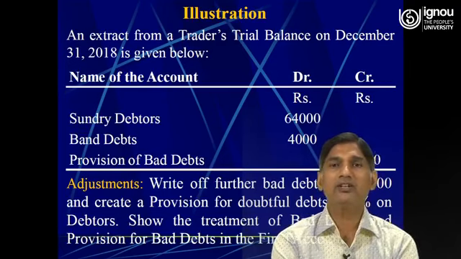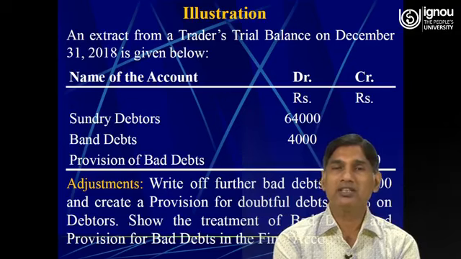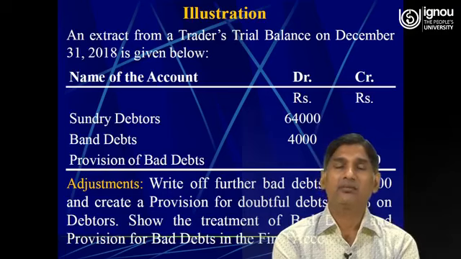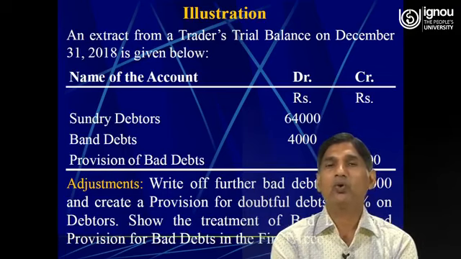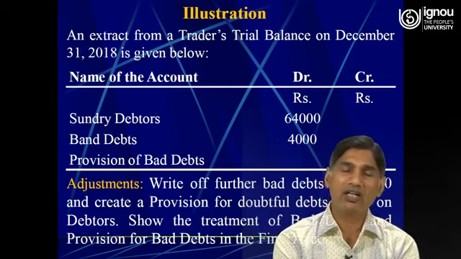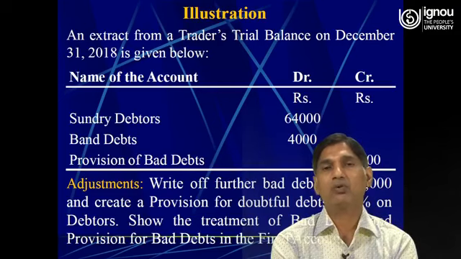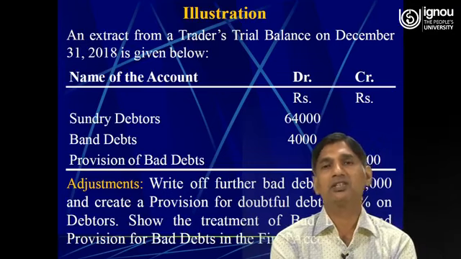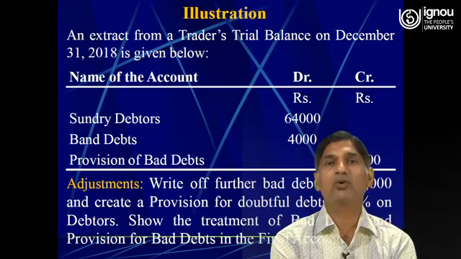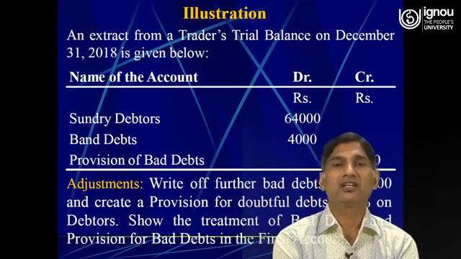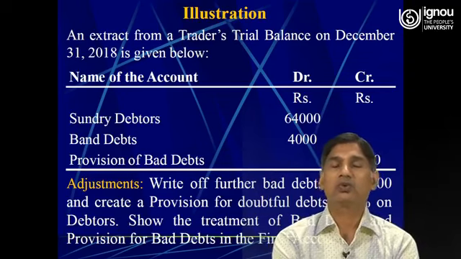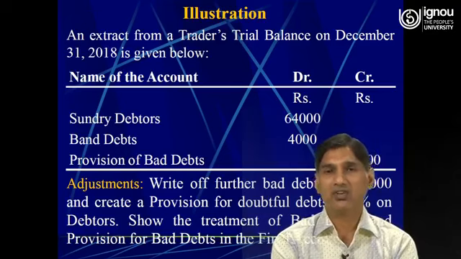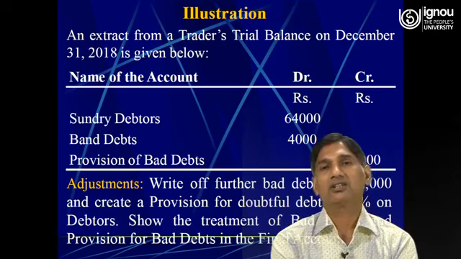The new provision we have to make on 62,000, as I have made it very clear that the new provision should be made on the amount of debtors after deducting the further bad debts. So deduct rupees 2,000 from 64,000, the amount is 62,000. On this amount 5% is 3,100. So the new provision will be 3,100 and the old provision is 7,000.